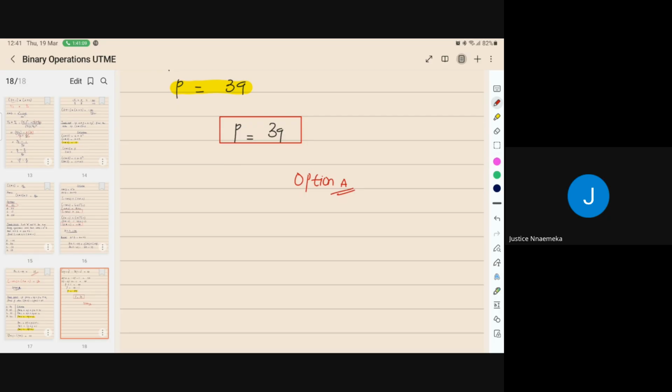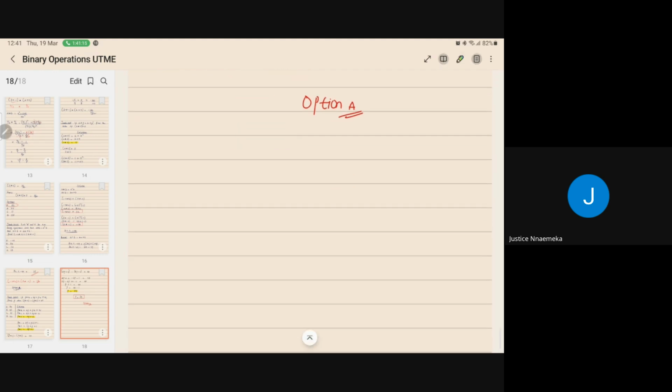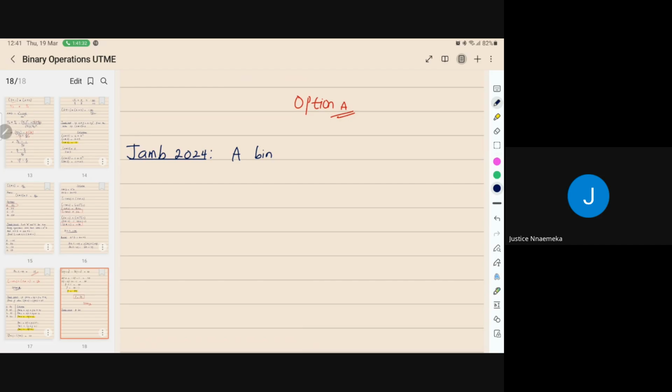Now, this one says that this is 2024 again, right? The same 2024. It says JAM 24. It says that a binary operation asterisk, sorry, it wasn't in a box.